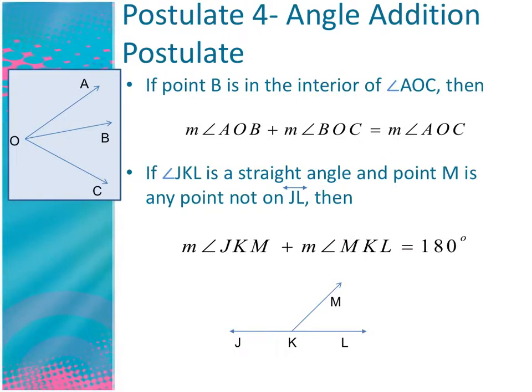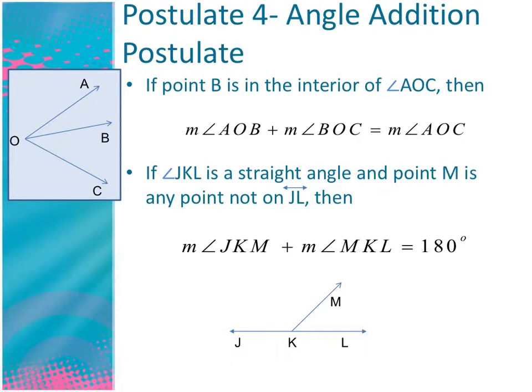Now, we already talked about the segment addition postulate. Now we have the angle addition postulate. So it works the same. If we have two little angles and we add them together, that will create a larger angle, just like we did with the segments.